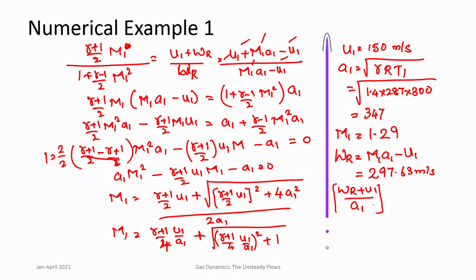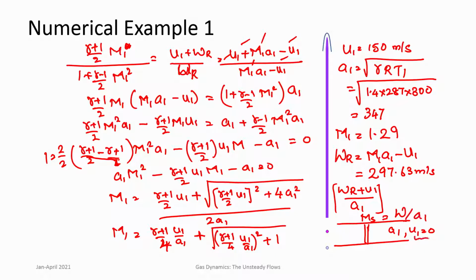When you have a primary shock moving into a quiescent medium, U1 is 0, so MS is W by A1.